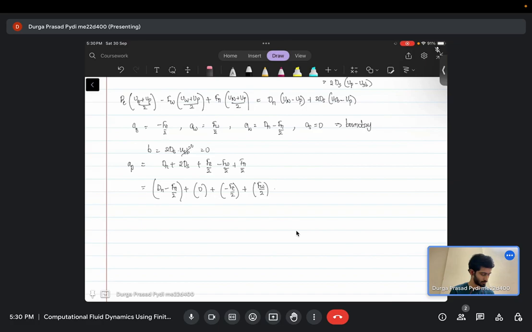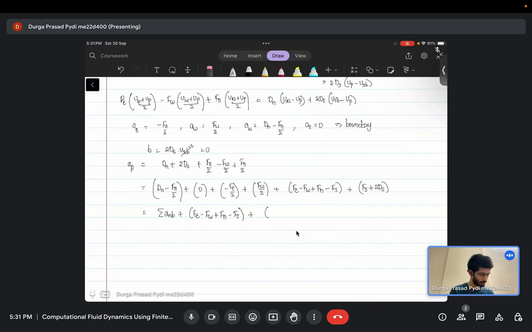So if we add these two equations, we will be left with Fe minus Fw plus Fn. Ideally we have a minus Fs, so I will just add one Fs term here and then also a 2ds term here. So I am having sigma A and B plus F east minus F west plus F north minus F south.